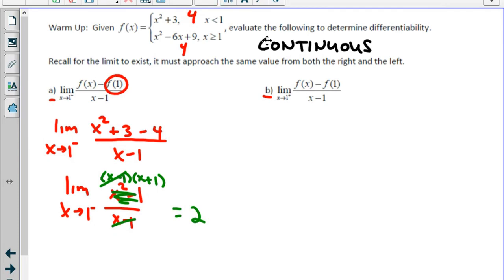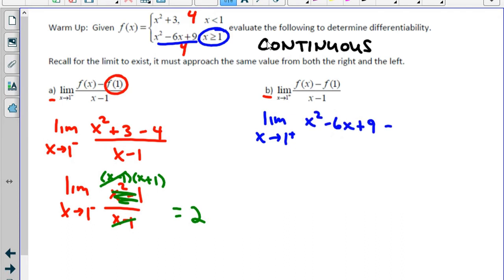Now let's take a look at this guy on the right. So if we're evaluating as we approach 1 from the right, that means we are going to substitute that function in. The value of the function is still 4.